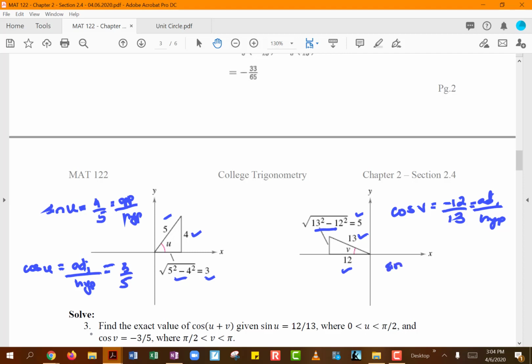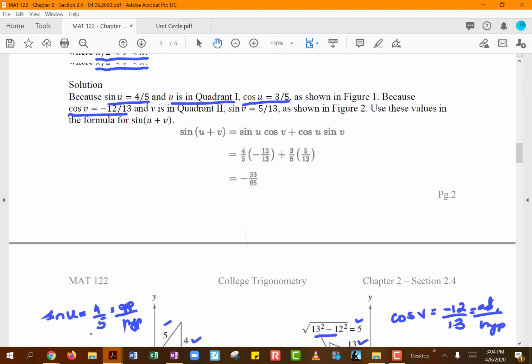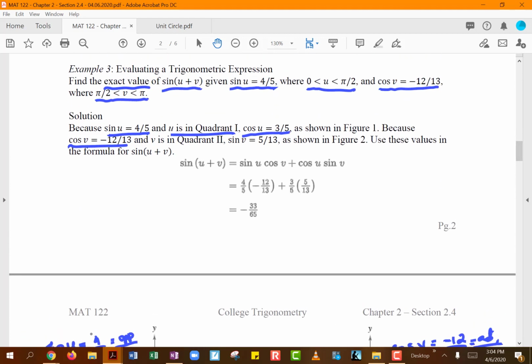So now if we wanted to calculate what is sine of v, well, sine is opposite over hypotenuse. So using the second triangle, from angle v, your opposite side is 5 and your hypotenuse is 13, so 5/13. And you will see that's exactly what we had here. Sine of v equals 5/13.